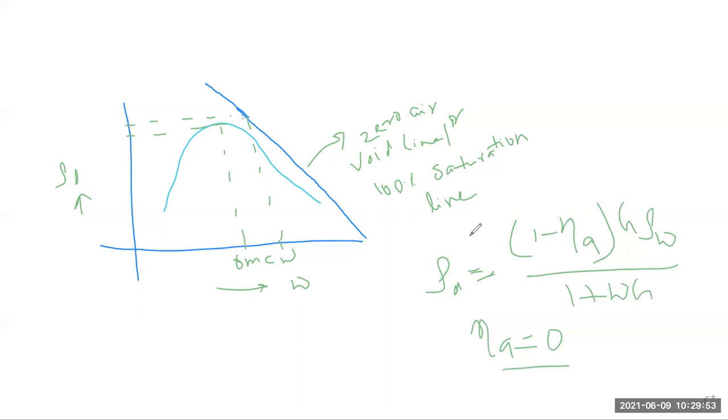But this is only theoretical, not practically possible. So here at water content w, Na is 0. And what is Na? Na is the percentage air content.